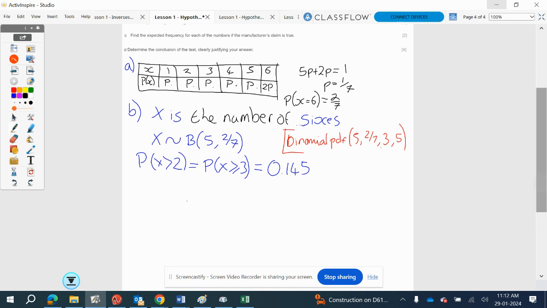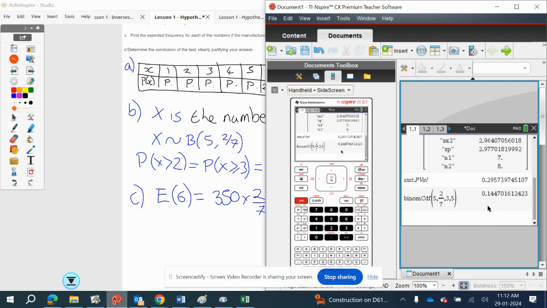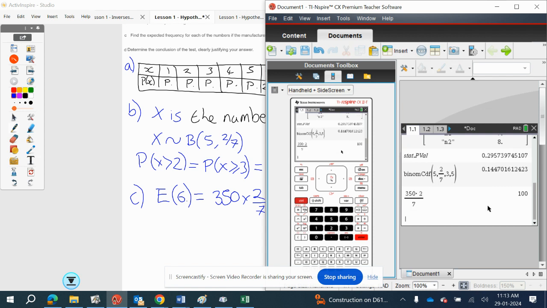Okay, find the expected frequency for each of the numbers that are claimed. So we need the probability of each one times the number of trials. So the expectation of getting a 6 is going to be 350 times 2/7. We're doing 350 trials, and that's going to give us 100.